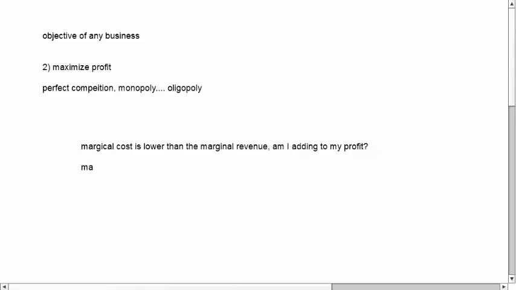It may be a small number. Let's say the marginal revenue from the last shirt is 20 and the marginal cost is 19.5. Should the shirt be produced?